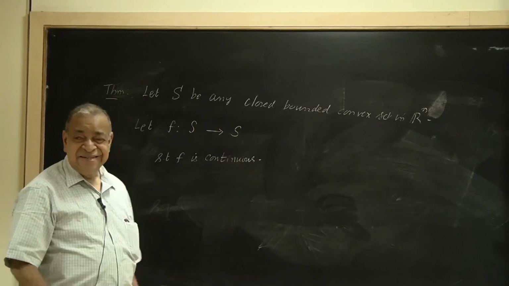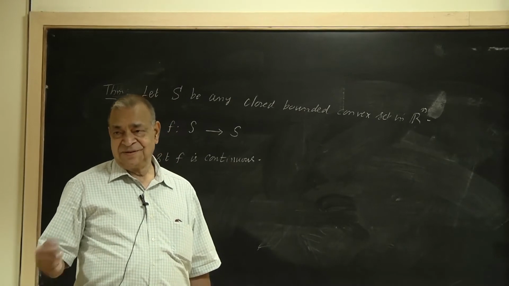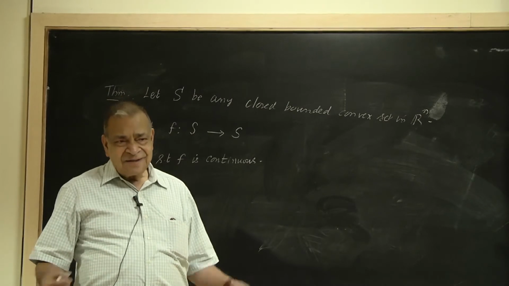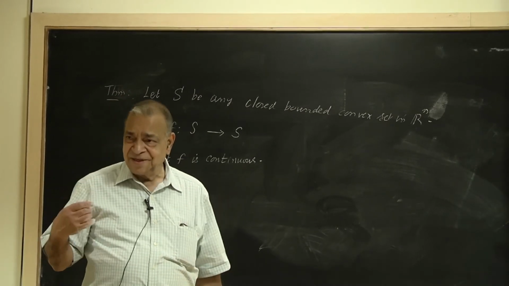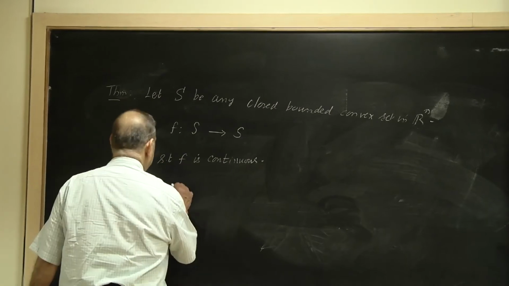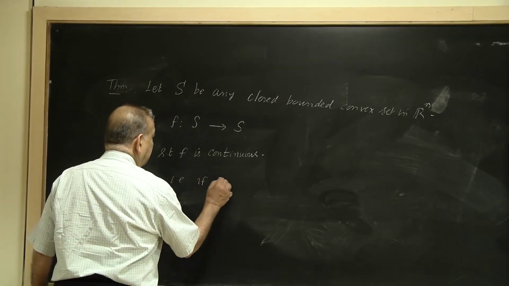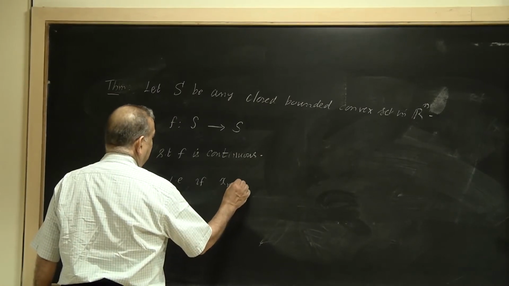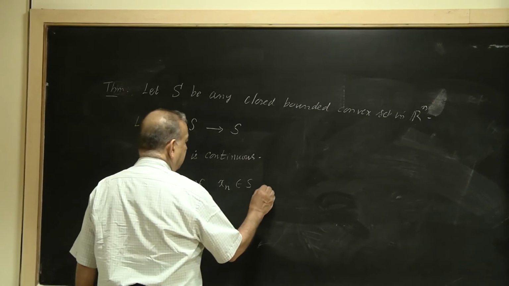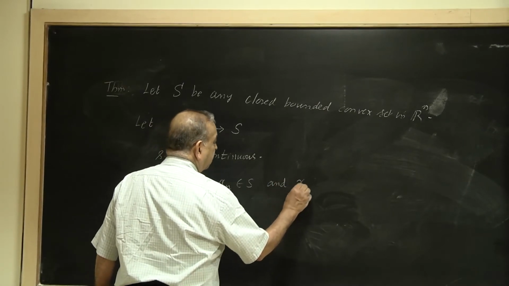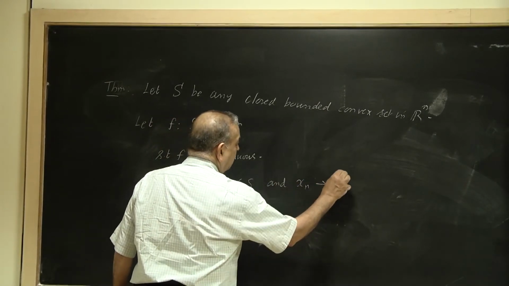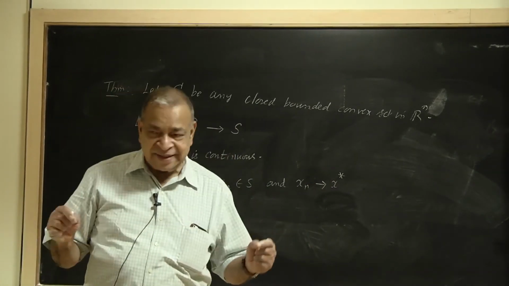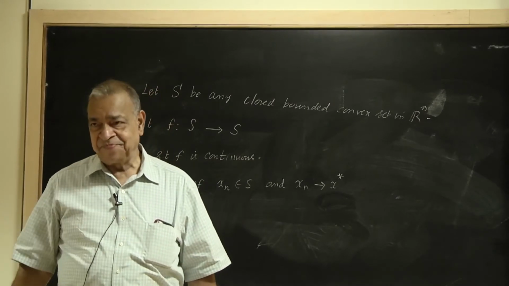What do you mean by continuous? We need to define what is continuity. You imagine intuitively, that is, if Xn is a sequence of points belonging to S, and Xn tends to some X star. What do you mean by tending? Coordinate wise it is approaching.